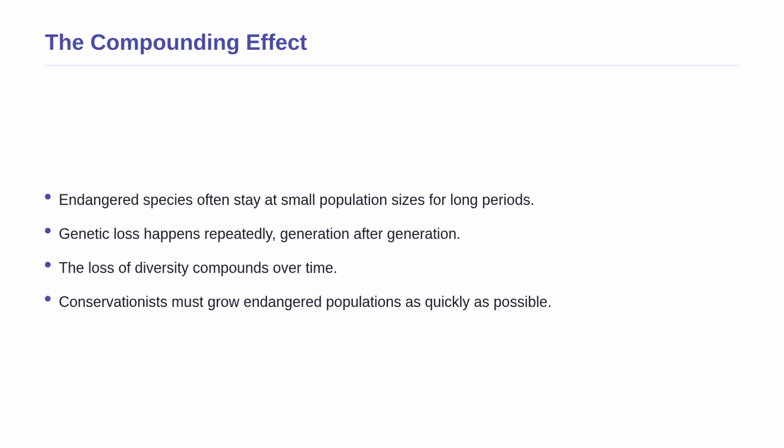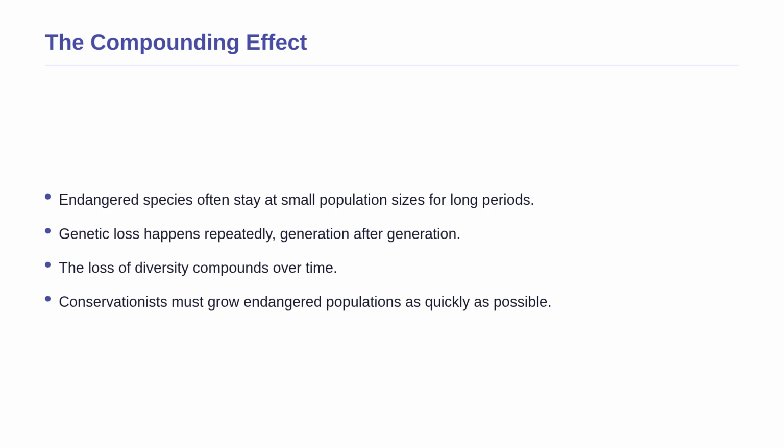Having seen the impact of a single generation, we must now consider what happens over longer periods. In reality, endangered species often stay at small population sizes for many years. When a population remains small, the loss of diversity does not just happen once, it happens repeatedly, generation after generation.